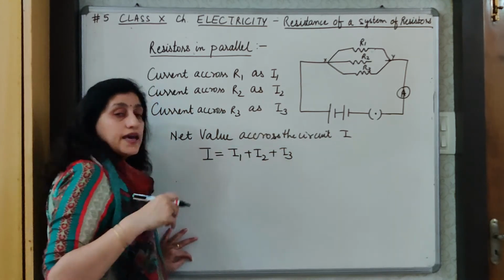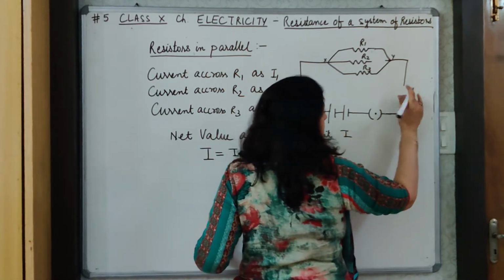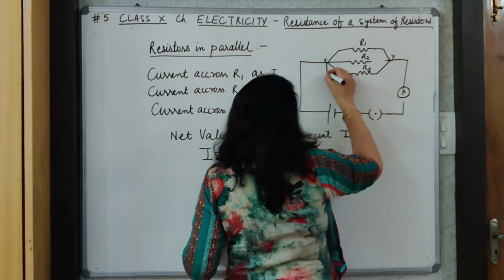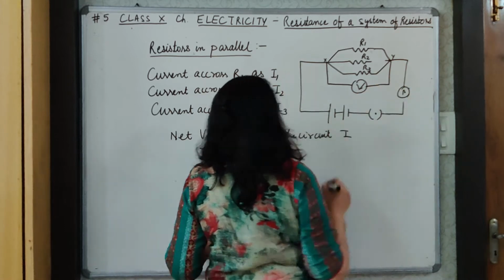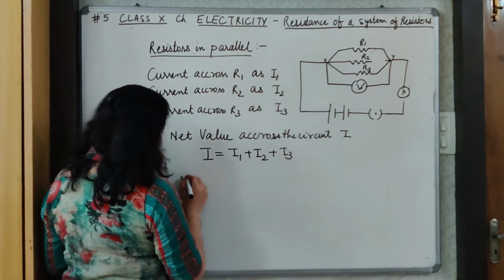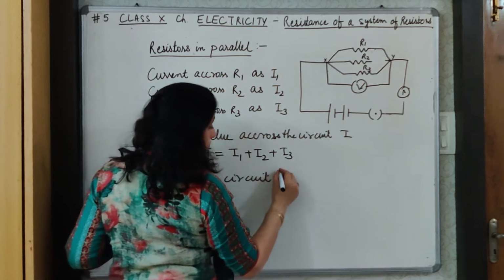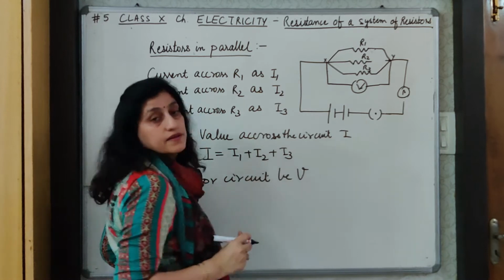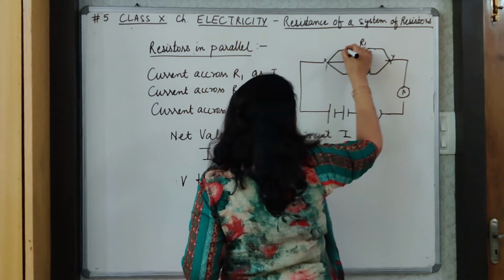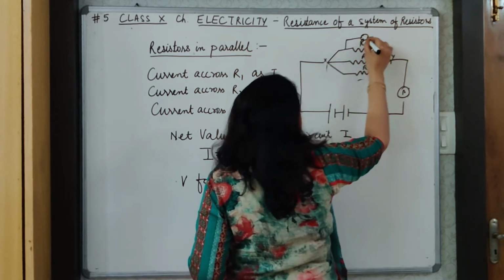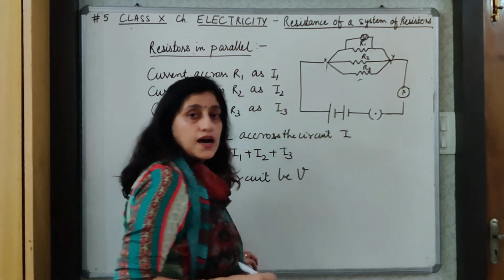Next we take a voltmeter and first we connect the voltmeter in parallel across the entire circuit to find the value of V. Let the value of V for the circuit be capital V. Then we disconnect this and we connect the voltmeter in parallel one by one, first across R1, then across R2 and then across R3.